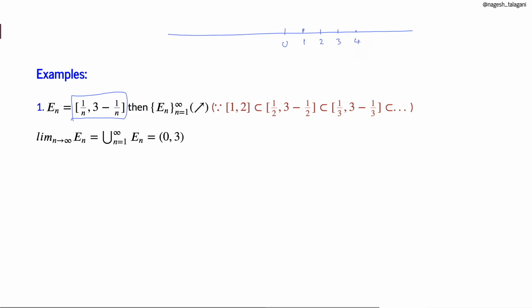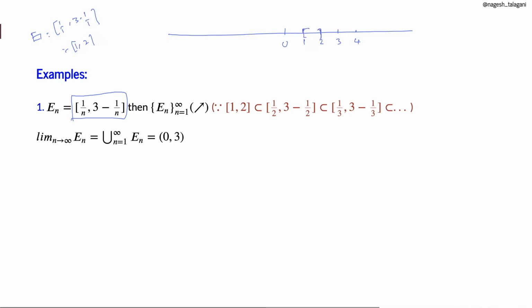E1. What is E1? When n equal to 1, you will have 1 by 1, comma 3 minus 1 by 1, which means you will get the interval 1 comma 2. So what is E1 here?